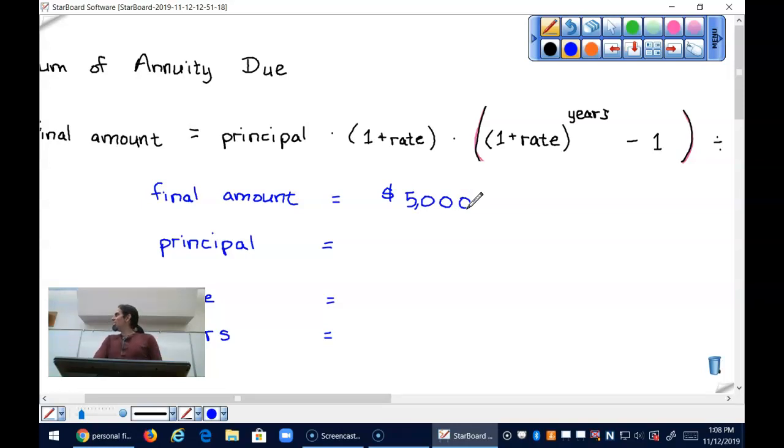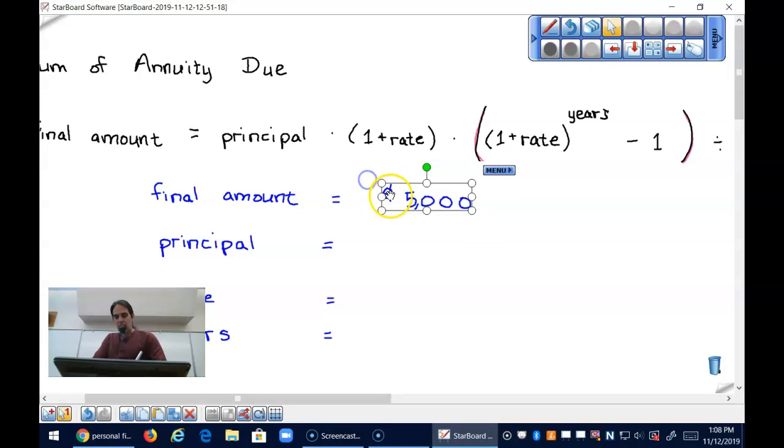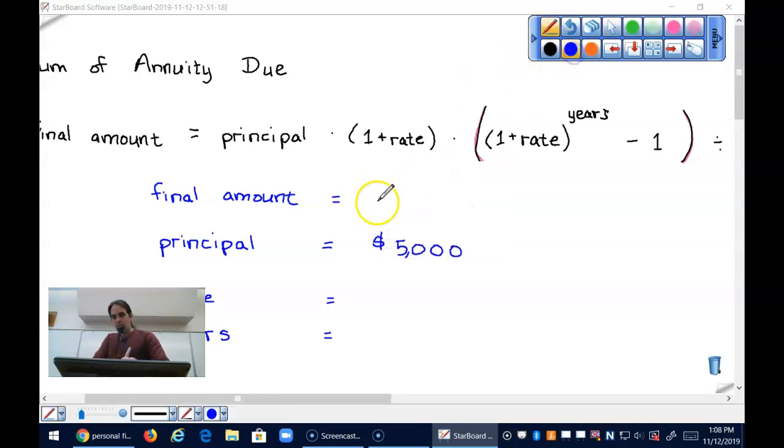Here, this is right. It will always be true that you're solving for the final amount. So this one again is a repeated thing. Each year we're putting that in.